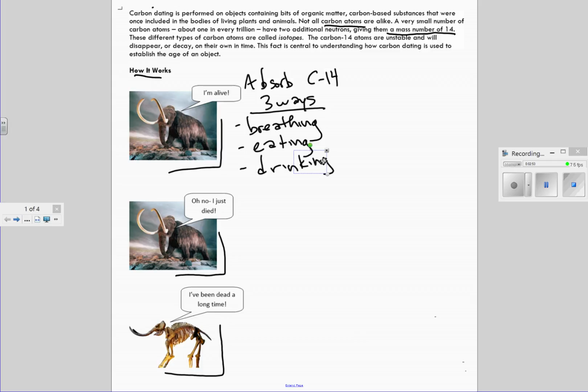Okay, so here's the picture part. When you are alive and you are breathing and eating and drinking, you are taking carbon-14 in at a steady rate. So if here's your body, and again this is picture time, what's happening is you are taking in carbon-14, and we're going to abbreviate it C14 to make it easier, because we're going to be talking about this a lot.